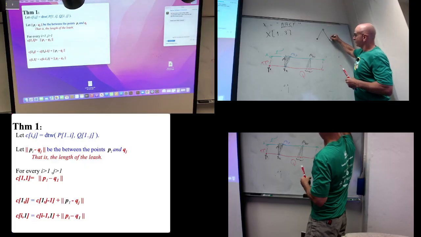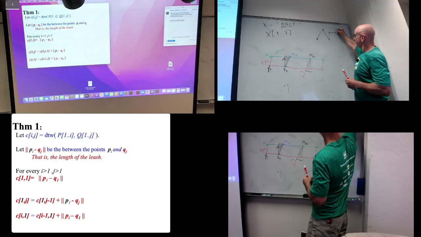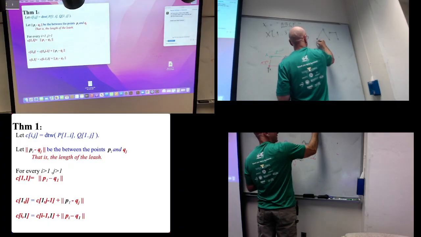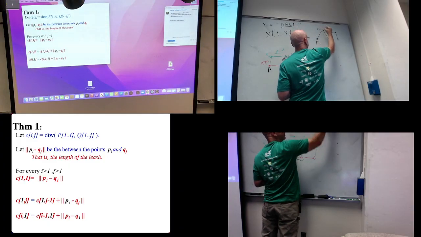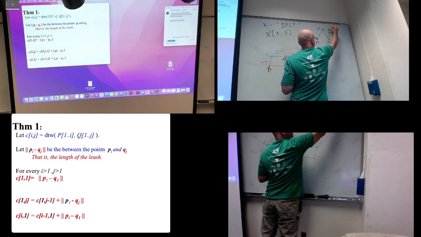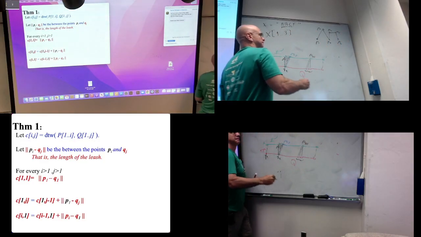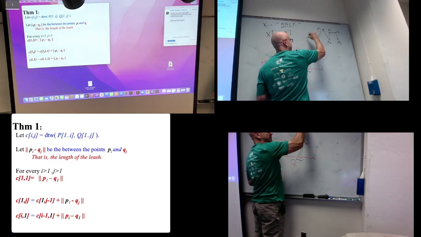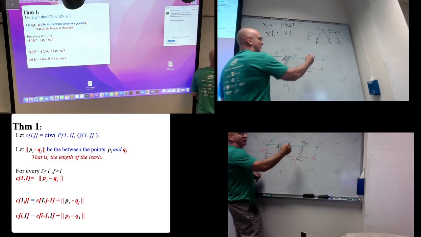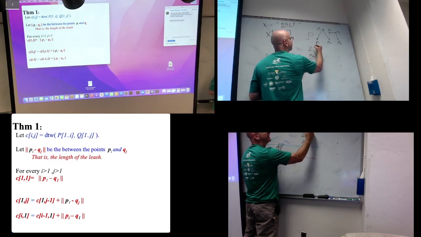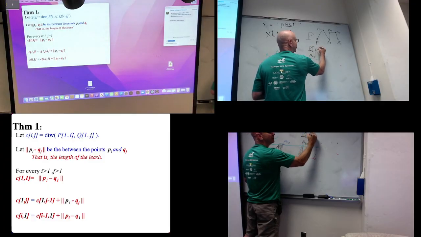Now I'm talking not about strings, but about polygonal curves. Here is a polygonal curve, P1, P2, P3, P4, P5, P6. This is a polygonal curve P. And you can all guess what I mean by P of 1..4.